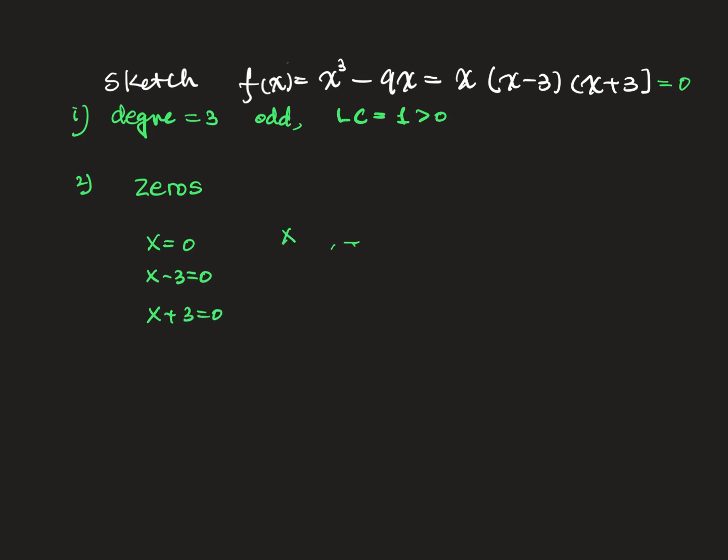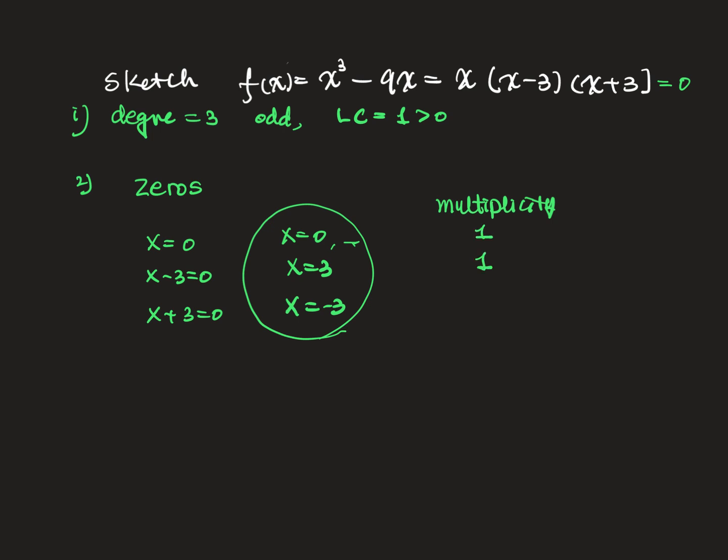Then you have x equals 0, x equals 3, x equals negative 3. Those are the zeros. What about multiplicity? x equals 0 is 1, x equals 3 is 1, and x equals negative 3 is 1. So you find the zeros and multiplicity.